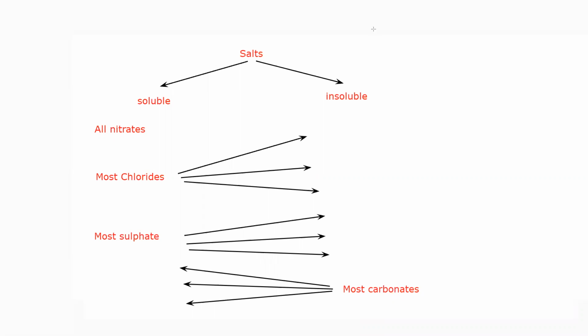So, about these exceptions: most chlorides are soluble except mercury, silver, and lead. Most sulfates are also soluble except barium, calcium, and lead.